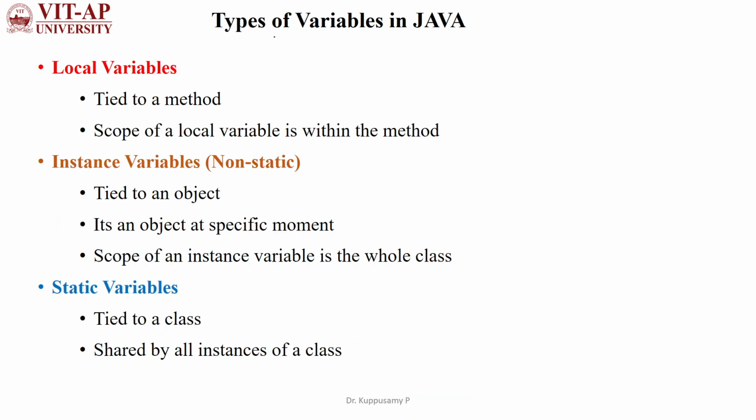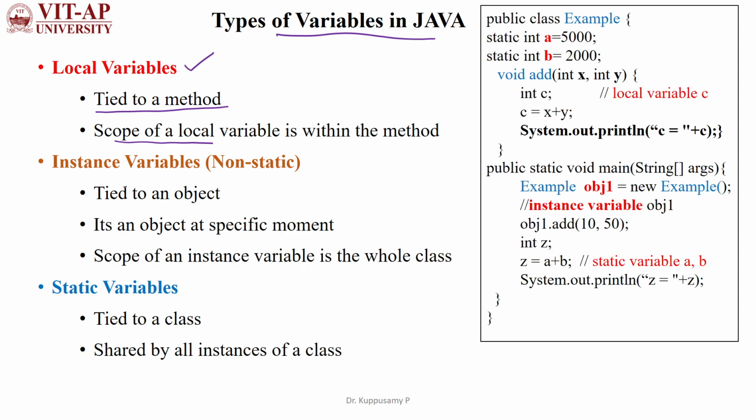And there are different types of variables in Java. The first one is local variables. Local variables are tied to methods, represented inside the scope of a method, so that variable cannot be used outside the method. For example, here I have the method void add. This void add has three variables: integer x, integer y, and integer c.